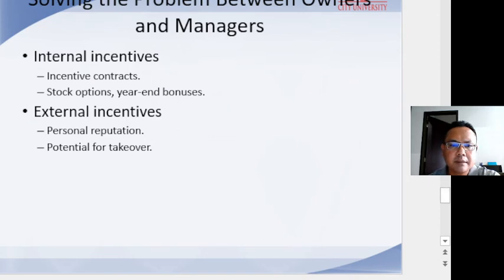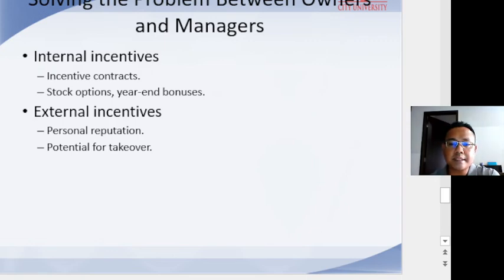Potential for takeover is another external force that provides managers with an incentive to maximize profit. If a manager is not operating the firm in a profit maximizing manner, investors will attempt to buy the firm and replace management with new managers who will.